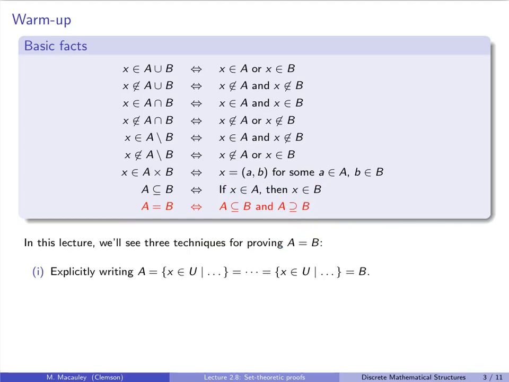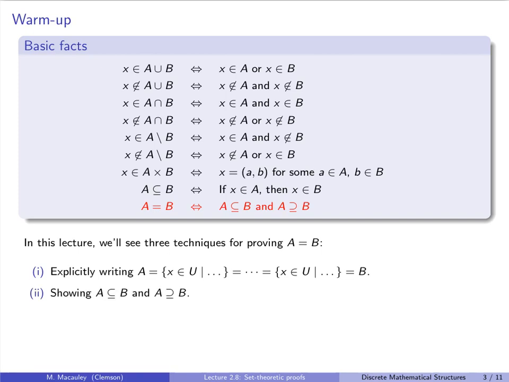In this lecture, we'll actually see 3 techniques for proving equality of two sets, A and B. First, we will see that sometimes we can explicitly write down a formula for A. So we can write down A is a set of all elements in the universe such that some conditions hold, and then we can write down a chain of equalities to end up with a similar condition that is equal to B. That's the more straightforward or direct way to do it.